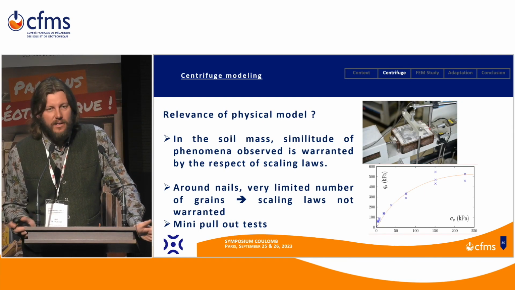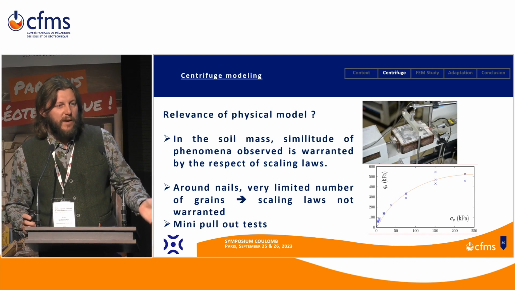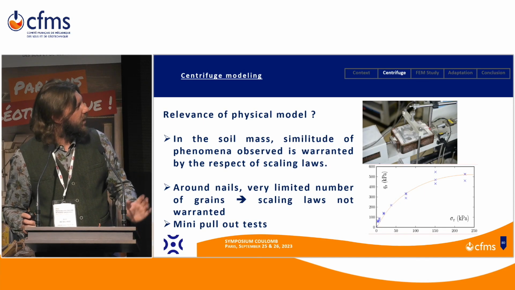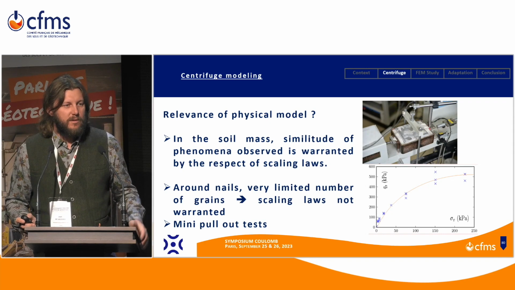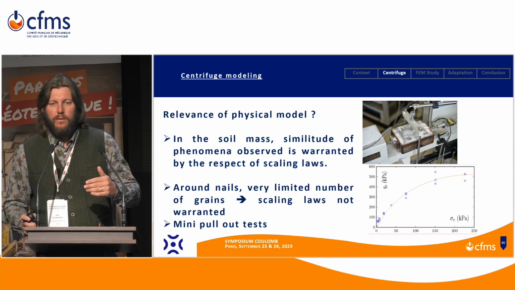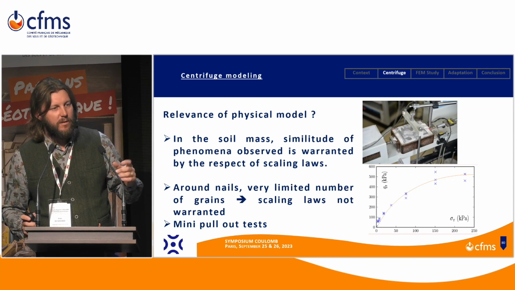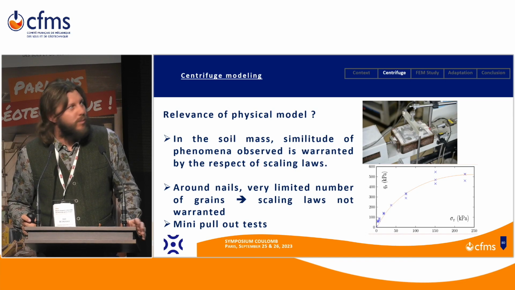And here I did not have this number of grains, because even if we use a quite fine sand, our nails were still really small, so we were at the limit. And to check the relevance of our physical model, we did some modeling of models. It means we did pull-out tests of our mini nails using a shear box apparatus.